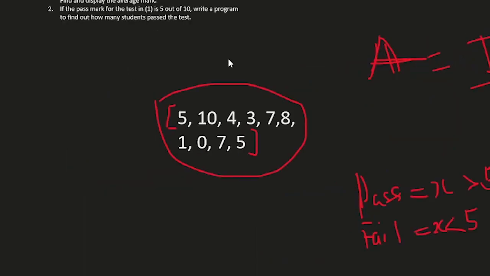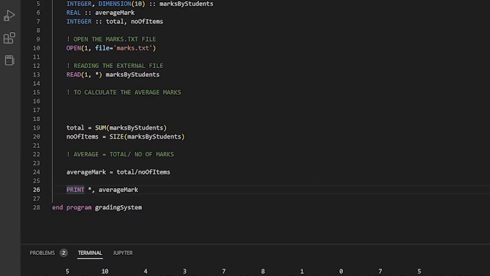So to loop through this array, we're going to use a do loop, which we used in the previous video, and I talked about everything I'm doing right now in the last video as well.